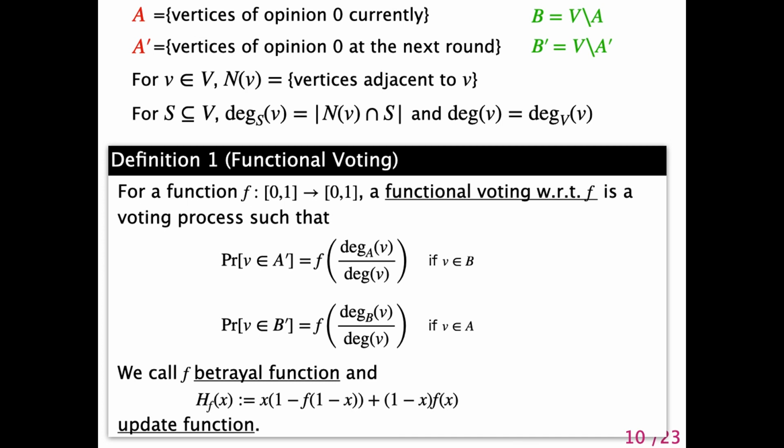So, in a functional voting process, the opinion change probability can be written as a function of the ratio of neighbors that hold the opposite opinion. We call this function f the betrayal function. Also, we define a function h_f here, and we call h_f the update function. We will give an intuition behind h_f later.